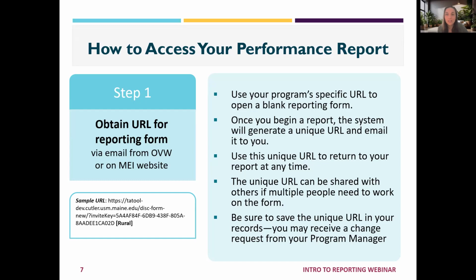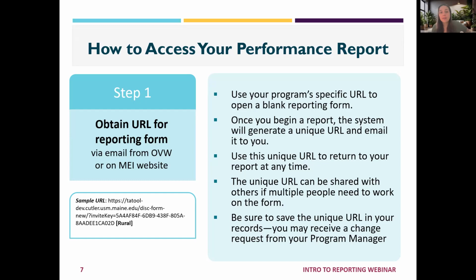So you might be an agency who has multiple types of grant awards, and you would have received an email for each of those different types of awards. And if you didn't receive the email, you can access a link from our vawamei.org website by looking for the program grant page.